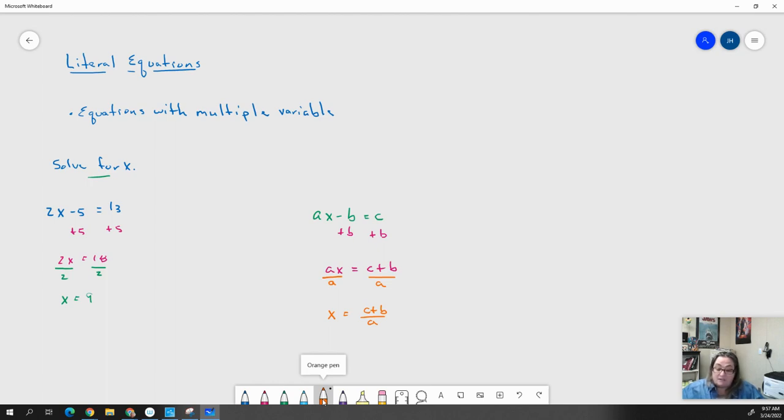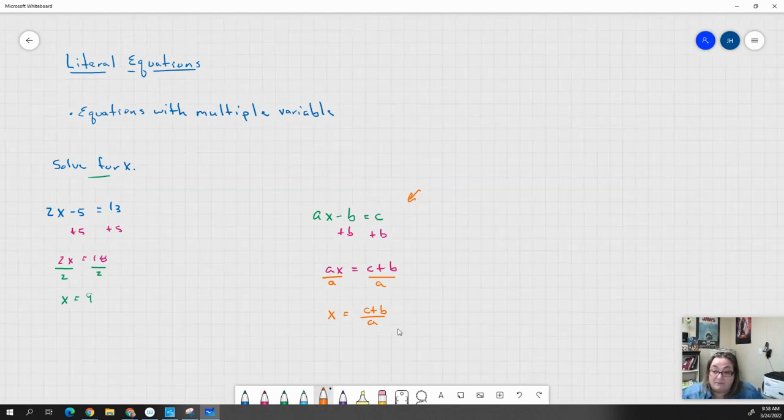But if you notice the literal equation right here, it doesn't simplify nicely. And it's because we have those multiple variables that we can't combine together on the other side. I can't get a pretty answer with c plus b divided by a like I can with 13 plus 5 divided by 2.